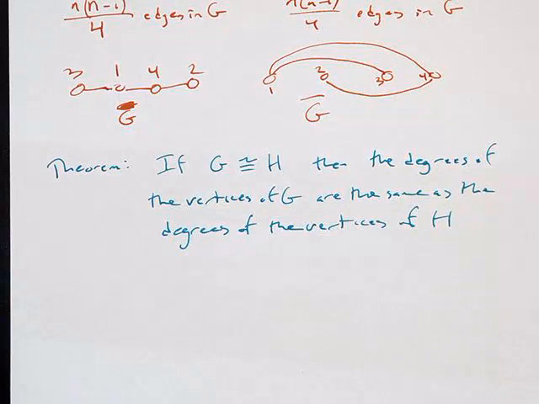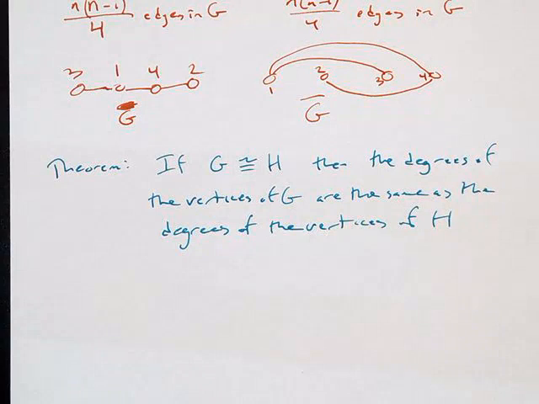I have this map on the vertices. Think about what that map does. Pick any vertex over here. This vertex has a neighborhood. The definition of isomorphism preserves adjacency.